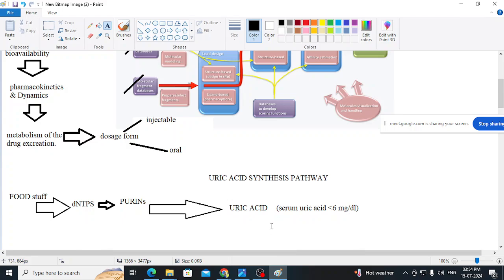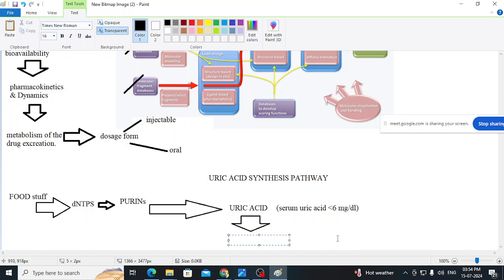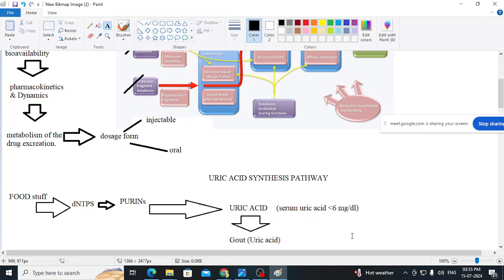If everything is okay, the uric acid will get excreted from the body. But what would happen if the uric acid is building up? It will lead to a condition called gout. This is not an autoimmune gout, it's uric acid gout. It will lead to a lot of discomfort.